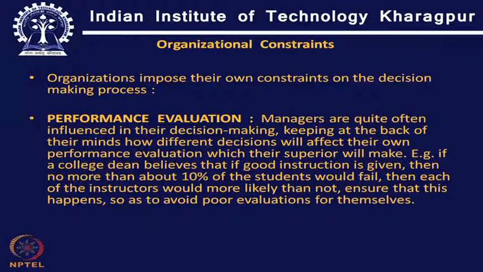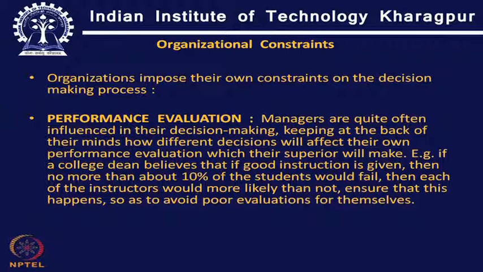When we are talking of constraints in decision making, these are the constraints which are imposed by the organizations in the decision making process. First is the performance evaluation. So, managers are quite often influenced in decision making, they keep at the back of their mind how different decisions will affect their own performance evaluation which the superior will make.